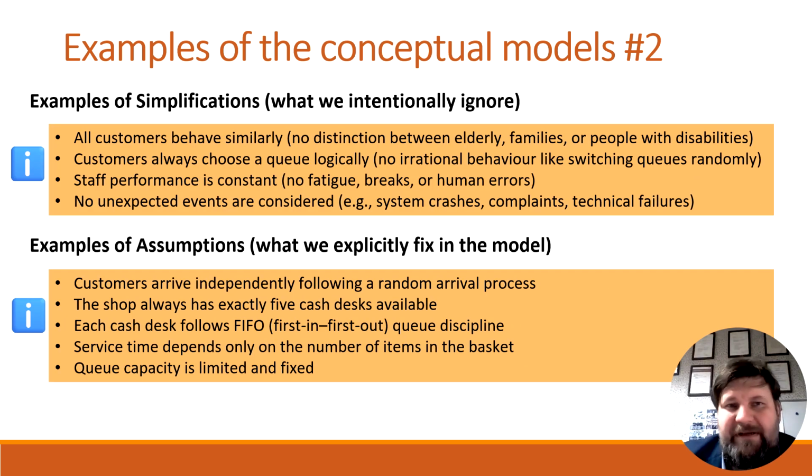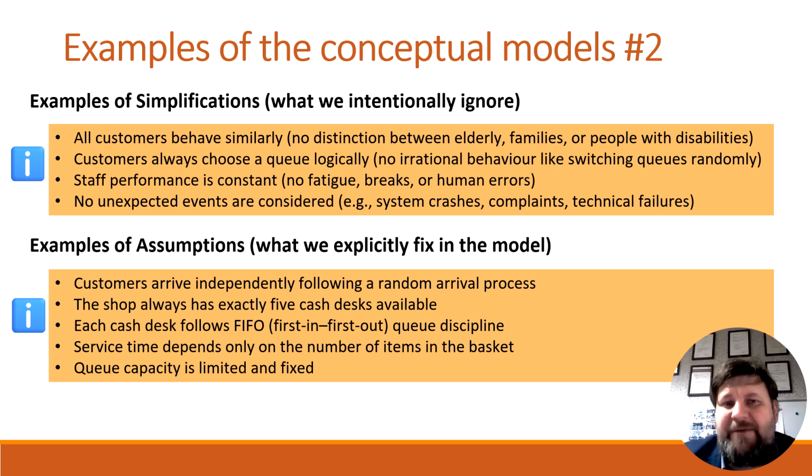The following slide shows examples of simplifications and assumptions regarding our second example of a conceptual model. Simplifications describe what we intentionally ignore to keep the model manageable. For example, we assume all customers behave in a similar way, staff performance is constant, and no unexpected events occur in the system.